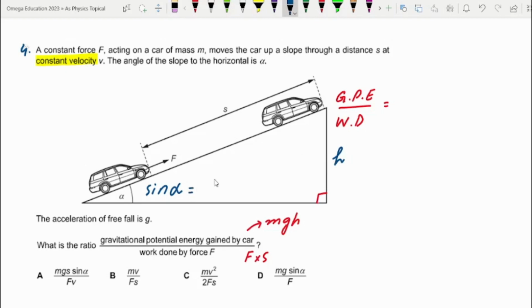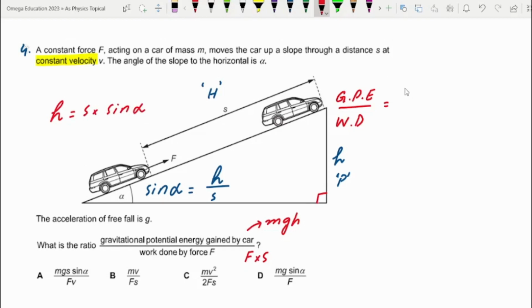So sine alpha equals perpendicular, which is height, divided by the hypotenuse, which in this case is s. So we can rearrange h in terms of s and sine alpha: h equals s times sine alpha.